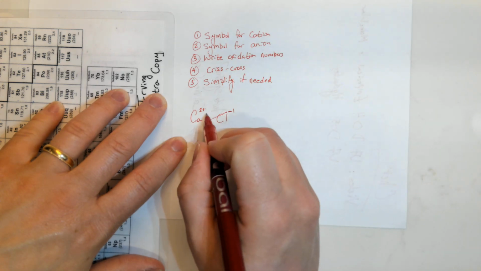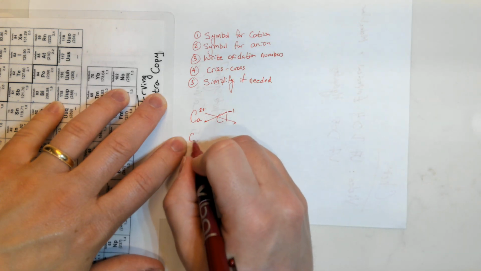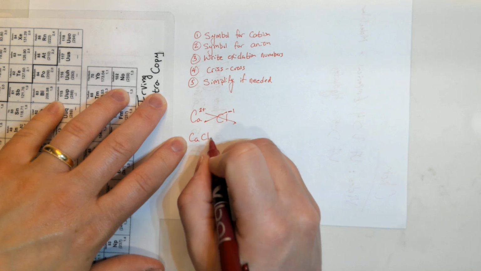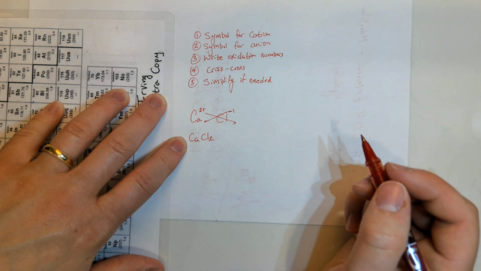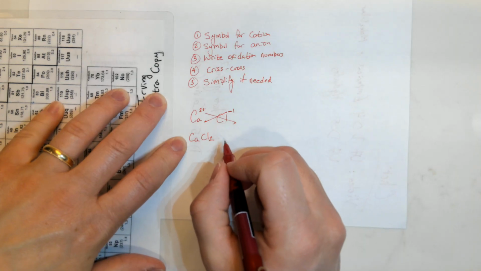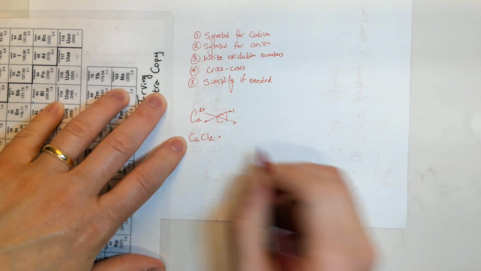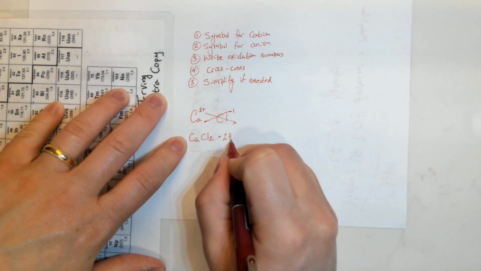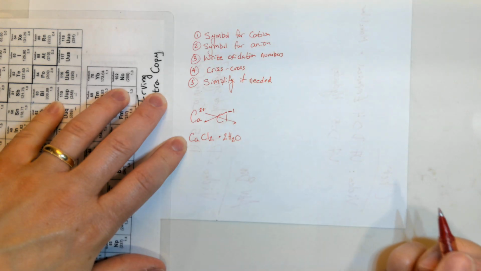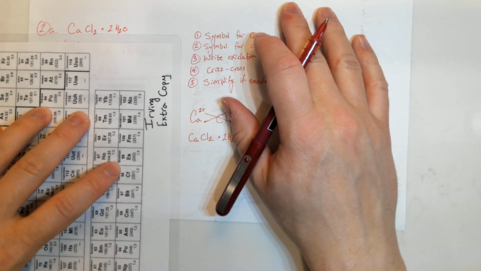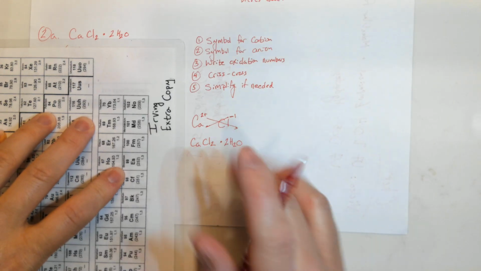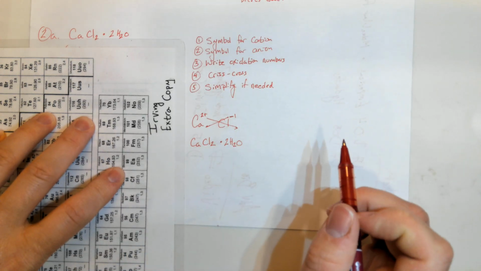When we crisscross, we're going to get Ca1, Cl2. And then we have a dihydrate, which means we are going to need to do a dot, 2H2O, just like that. All right, so the answer for A is CaCl2·2H2O.